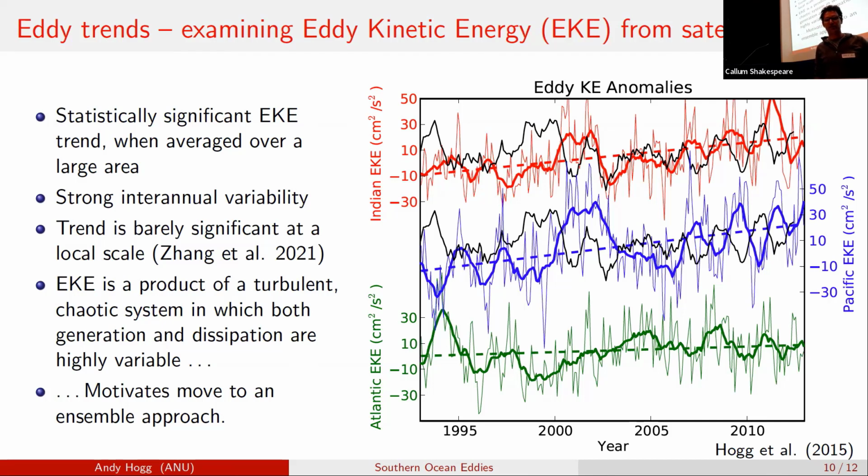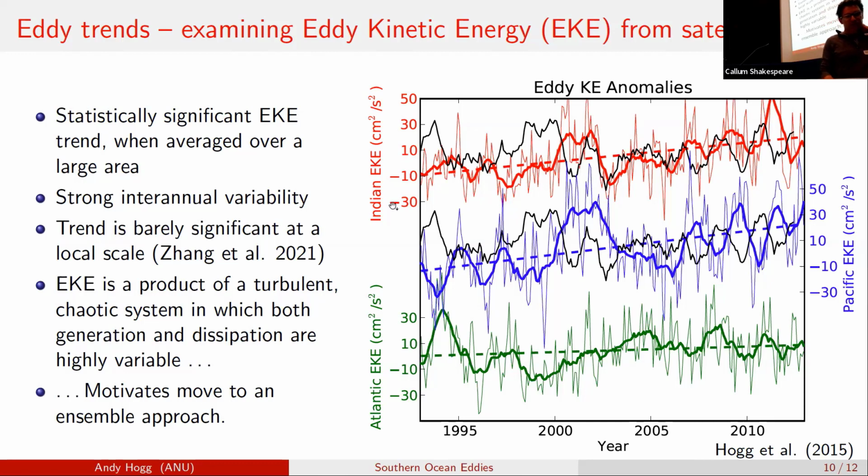And there's a couple of takeaways from this. This is a relatively old paper. We've redone it recently with Josue Martinez Moreno's work, but one point is that the Eddy Kinetic Energy appears to be increasing in the Southern Ocean, which is consistent with the increase in the southern annular mode and wind stresses over the Southern Ocean. The second is that there's a lot of interannual variability, and that this interannual variability has some relationship to the wind, which is difficult to unpick.